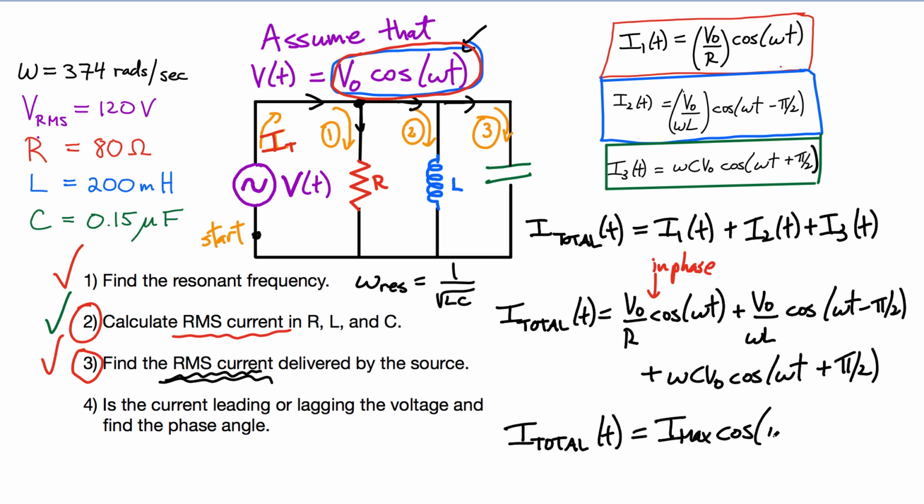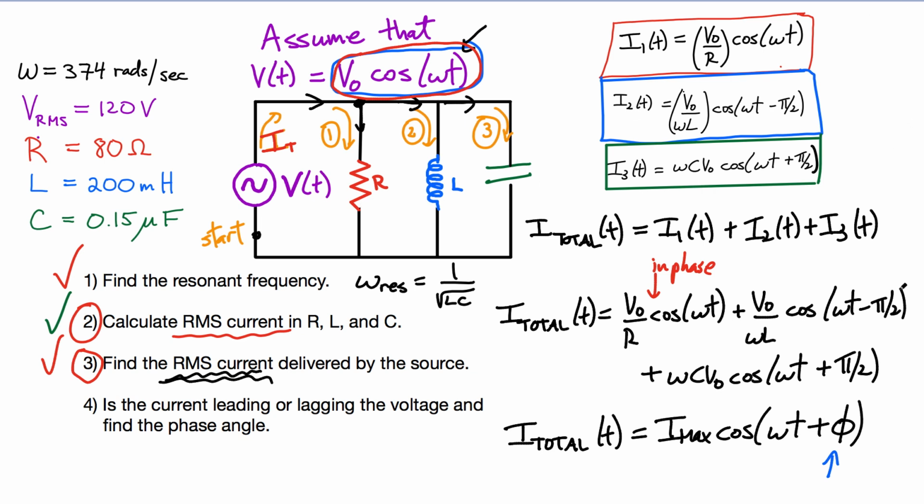And it's going to be, again, another cosine function. However, it's going to introduce this phase. And this is really what we are looking for here: what is this phase angle? If it's 0, it means that this total current is in phase with the voltage. If it's 90 degrees or negative 90 degrees, it might be some other value, some other angle in between plus 90 and negative 90. And so that's what we're going to try to solve for.